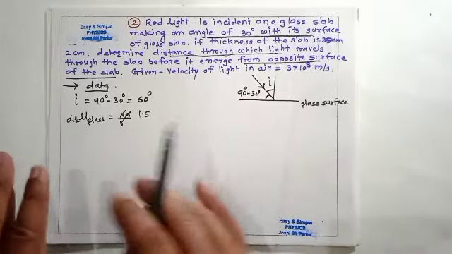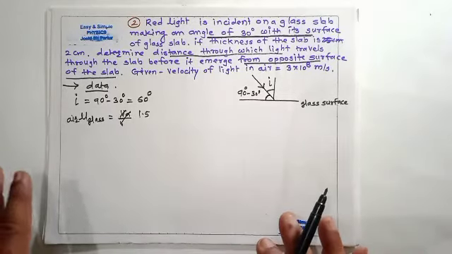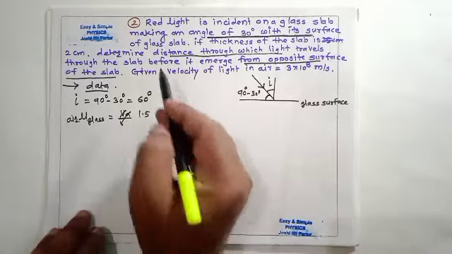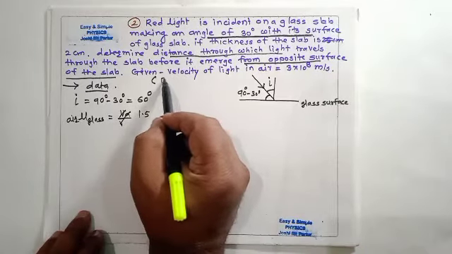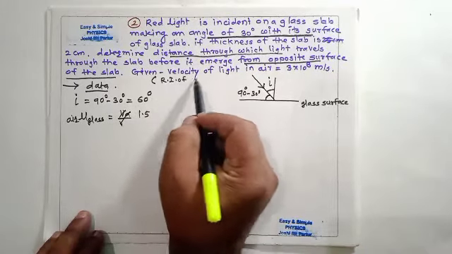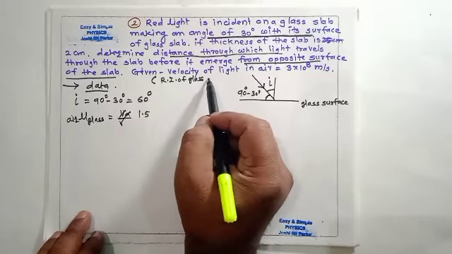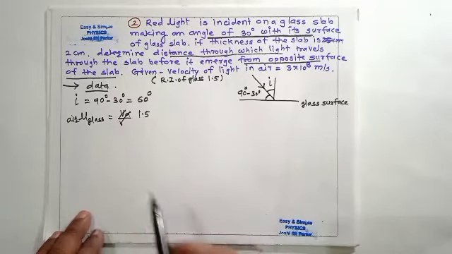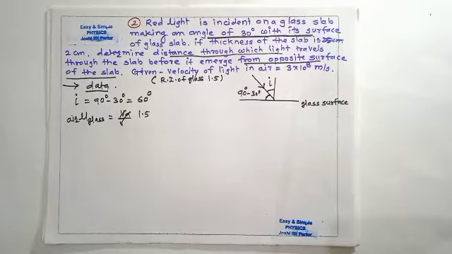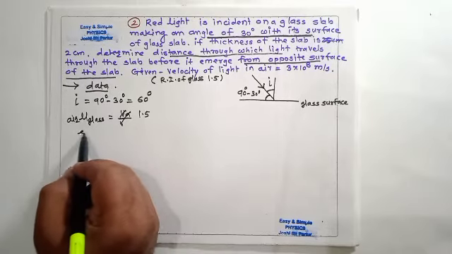Here the refractive index is not given, but we can know it. So in this given value, the refractive index of glass will be 1.5 in the question. So the refractive index is 1.5, and we can find R.